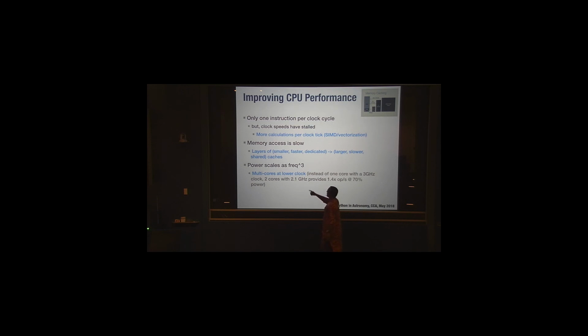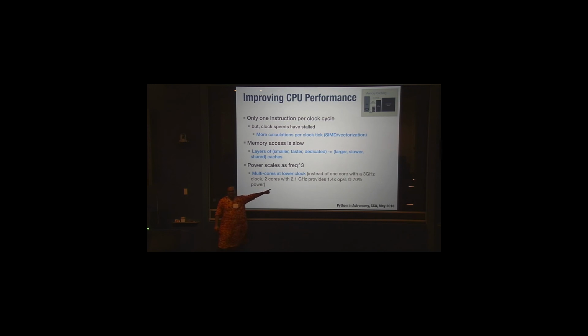Because the power required scales as frequency cubed, now, and for the foreseeable future, you're going to get more cores at lower frequency. So multi-core is here to stay. Think GPUs. The CPUs have gone the GPU way. The GPUs got there first, but CPU is going the GPU way.